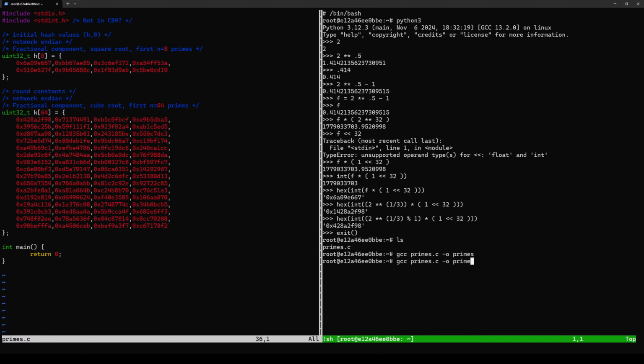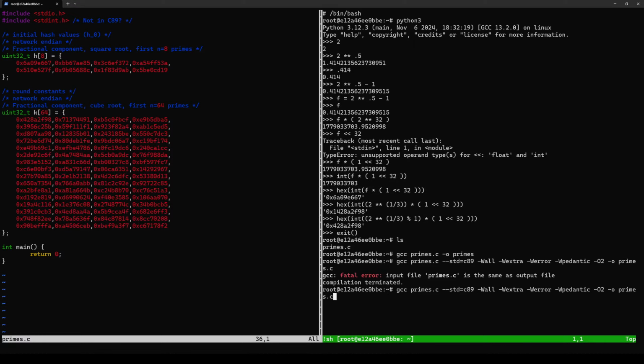Okay, gcc primes.c -std=c89 -Wall -Wextra -Werror -pedantic, slight optimization level -O, that's supposed to be an O, not a 0. And then we're going to specify the output as primes. Oh, I'm a silly goose. Primes. Okay, so nothing's going on yet.